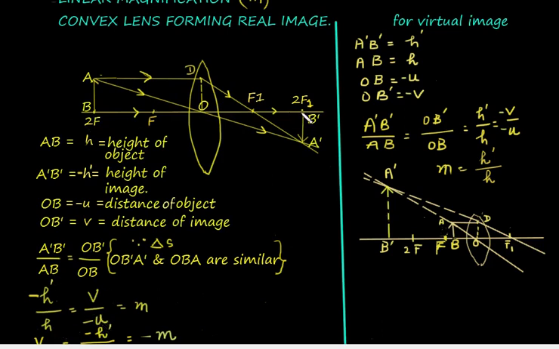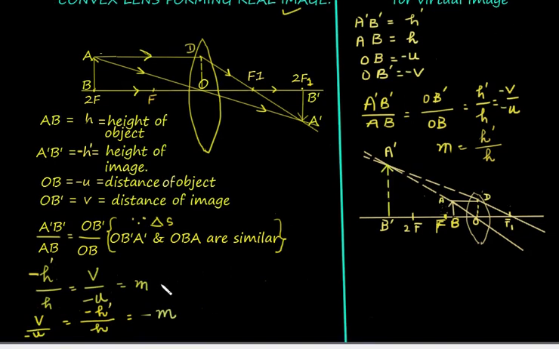I have made a representation here for real image formed by convex lens. The object is at 2f, so the image is at 2f1. If you have any doubts, press the I button that you find on the right hand side top corner of the video. You can refer my video on characteristics of images formed by lenses. Now this equation can be written as v by negative u is equal to negative h dash by h.